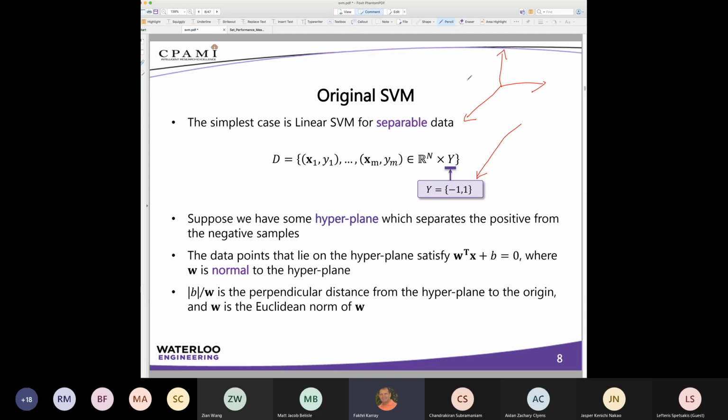Remember, in problem number 1 of the assignment, we have a 3-dimensional vector. And this 3 dimensions is going to suggest a plane to separate between the data in the 2 classes. Here, the same case applies. So let's suppose that we have data belonging to either one of 2 classes.